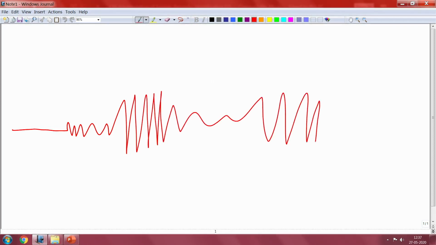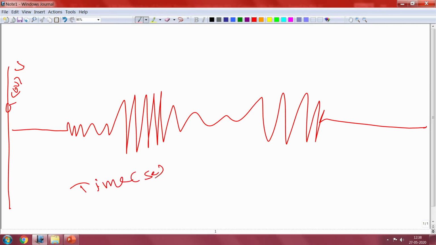Like this you get a typical waveform if it is recorded. This may be acceleration or velocity, and this will be the time in seconds. This is the typical record you get.